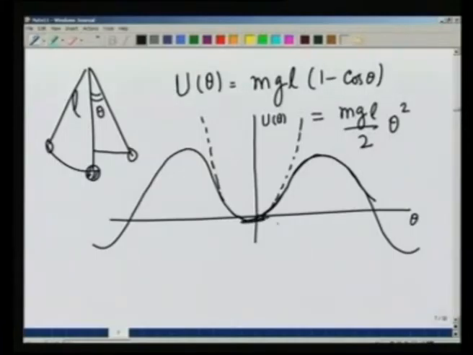This point is 0. So again you can see for a good range of theta, the approximation to the potential and the potential itself are quite close to each other.